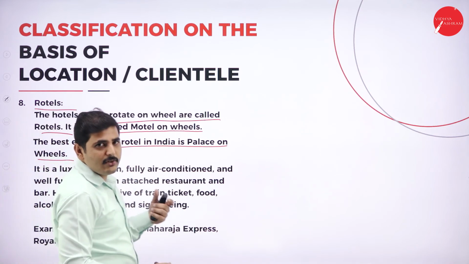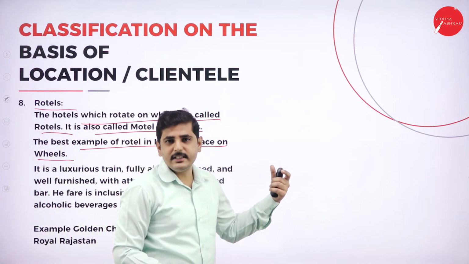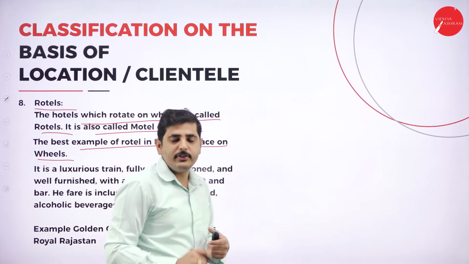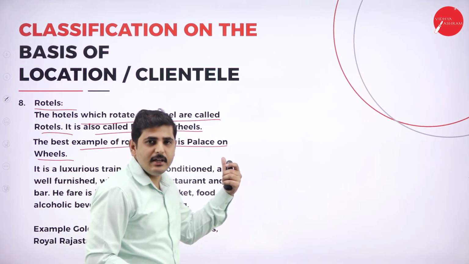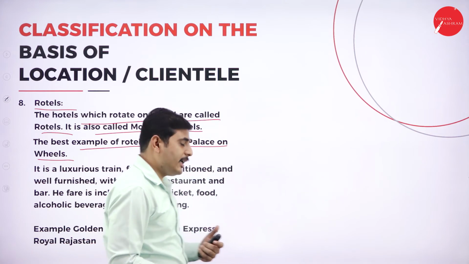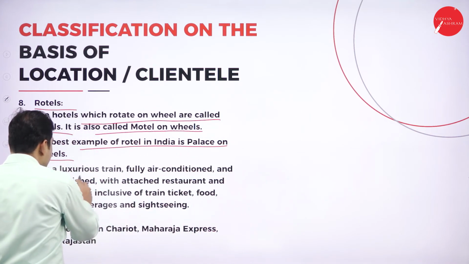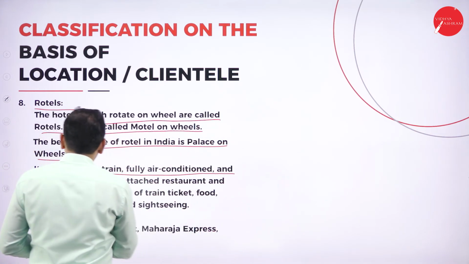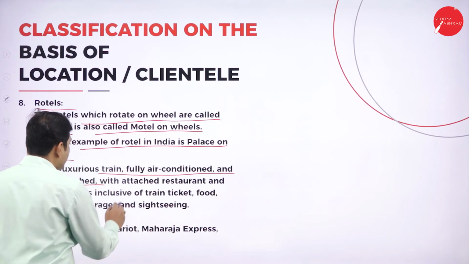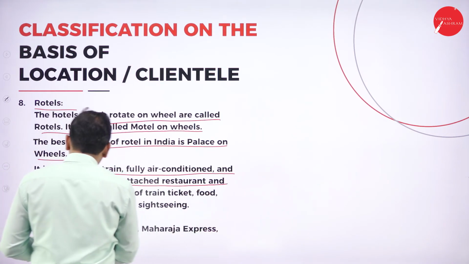Next, the best example of rotels in India is Palace on Wheels. What is Palace on Wheels? It is a very luxurious rail service which runs from one part of the country to another. It is a luxurious train facility, air conditioned and well furnished, with an attached restaurant and bar.